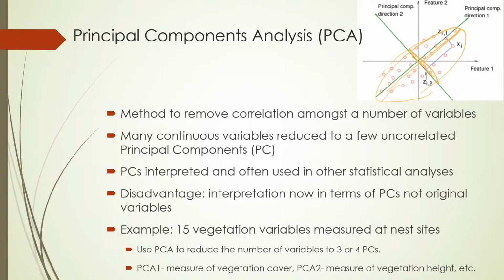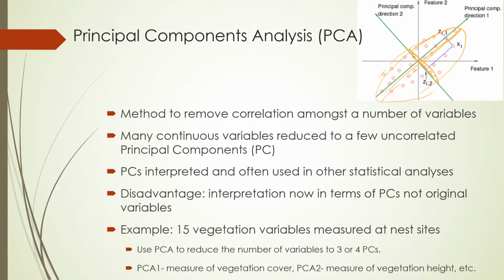So an example might be you take 15 different variables at nest sites of bird species in sagebrush habitat, for instance. Maybe you have 4 or 5 bird species that nest in this area, and you want to ask what differs among the vegetation associated with each one of those species and where they place their nests.